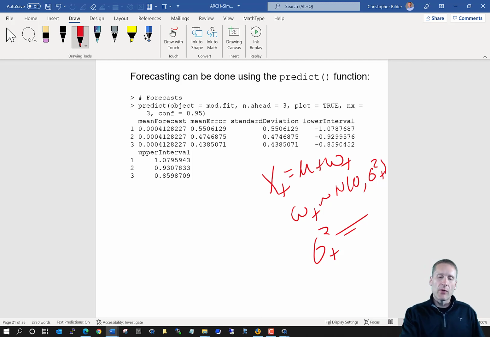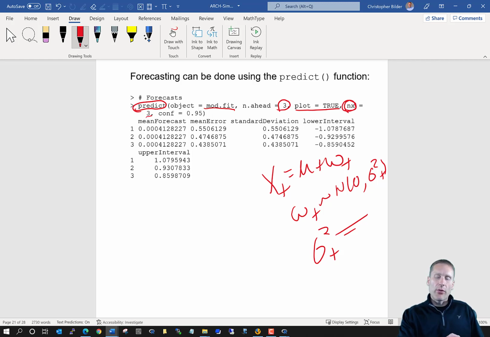Okay, how do we do forecasts? Well, we can use the predict function to do these forecasts. We put in information about our model's fit. How many time periods ahead do I want to go? Let's say I want to go 1, 2, and 3. Let's say I want a plot of the corresponding forecasts. On this plot, I can specify the number of actual time points for the observations themselves to plot.